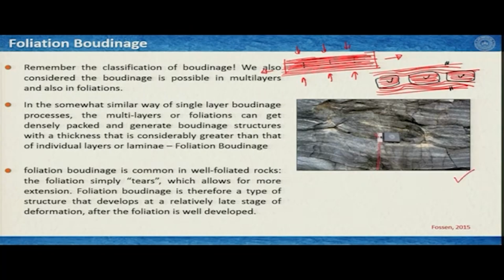Now, foliation Boudinage is common in well foliated rocks. The foliation simply tears, as I have explained here, they just break in little pieces, which allows for more extension, and foliation Boudinage is therefore a type of structure that develops at a relatively late stage of deformation, because you need this strong anisotropy, and it generally forms after the foliation is extremely strong and well developed.